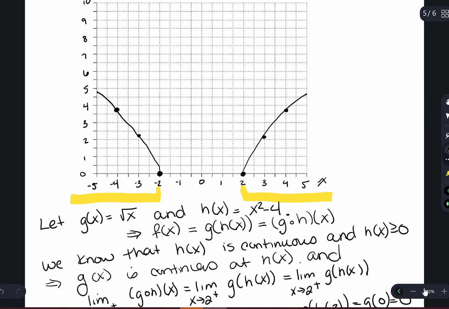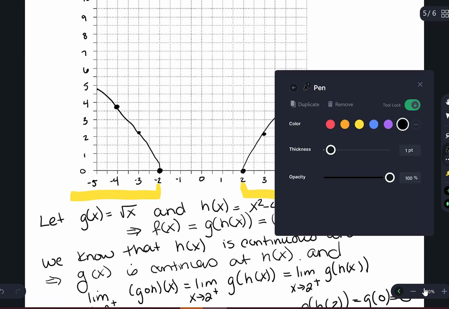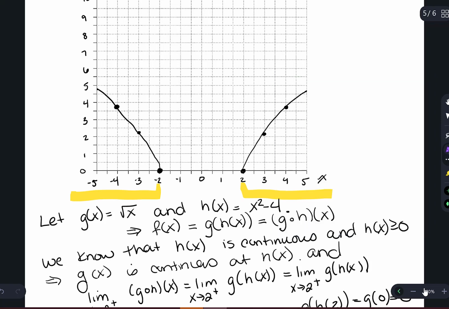And if we look at the plot, this makes sense because if we're coming from the right and approaching 2, notice that the function is approaching 0, and the function evaluated at 2 is equal to 0. But if we're moving from the left, notice that the function is approaching -2.